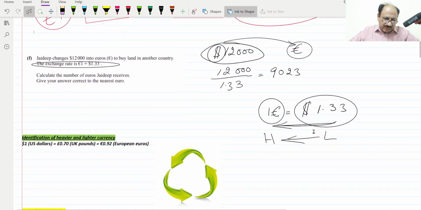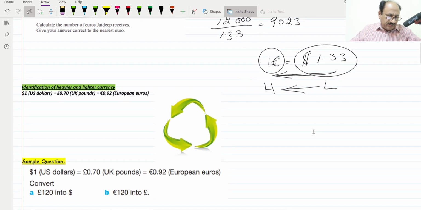But in this case, when there is a combination of three currencies, $1, 1 USD is equal to 0.70 UK pound and 0.92 European euros, how will we decide which one is the heavier or lighter currency?